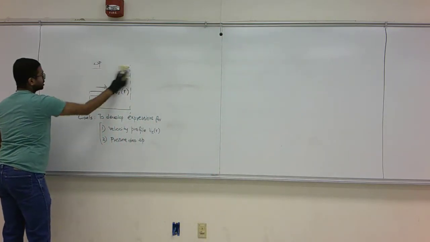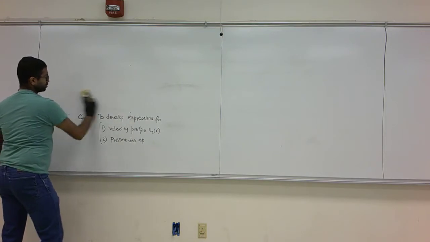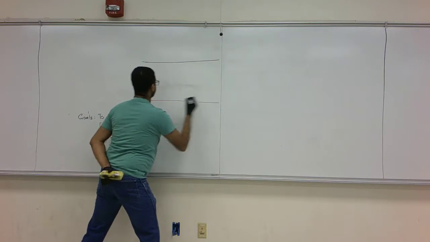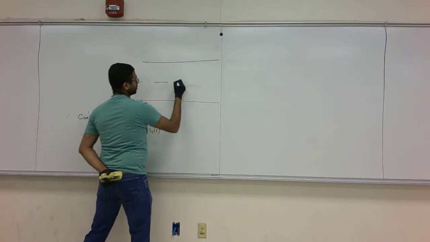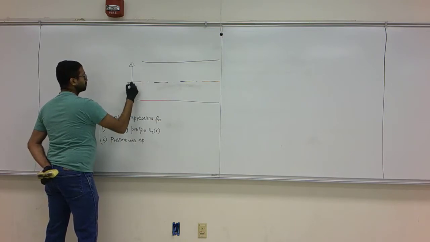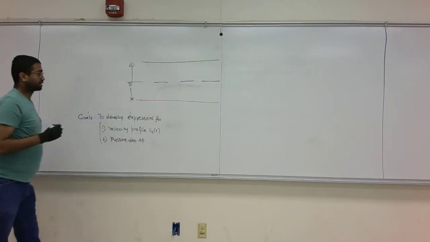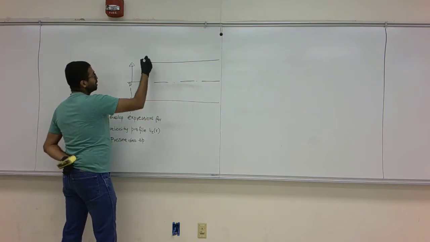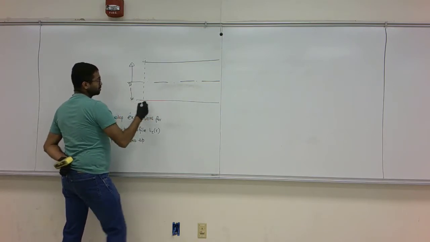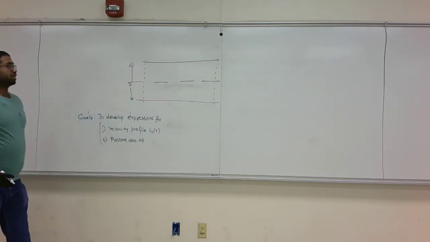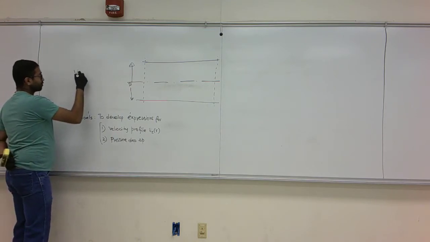Okay, let me redraw this picture. I am interested in a pipe flow. I'll draw the axis. The pipe has a diameter d, and I am interested in the velocity profile which I want to derive, Vz of r.